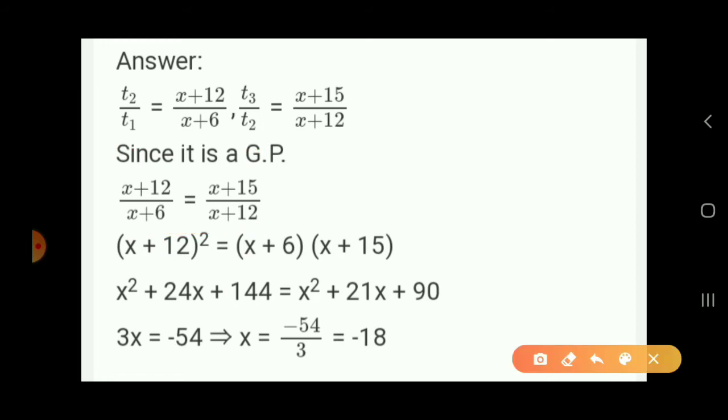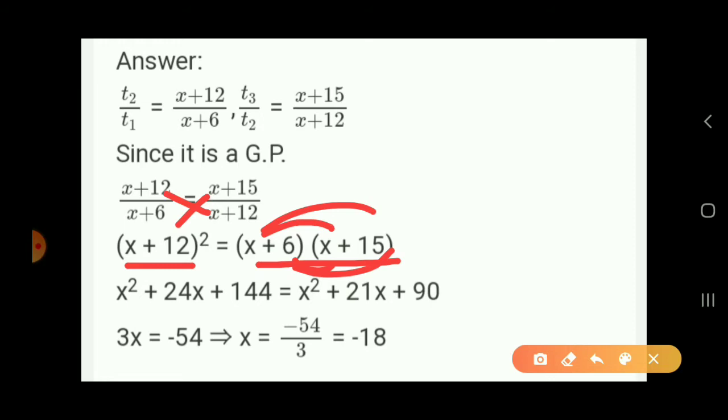Now we can cross multiply. x plus 12 into x plus 12 is x plus 12 whole square, equal to x plus 6 into x plus 15. Expanding, x square plus 24x plus 144. On the other side, multiplying inside, x square plus 15x plus 6x plus 90, so x square plus 21x plus 90.